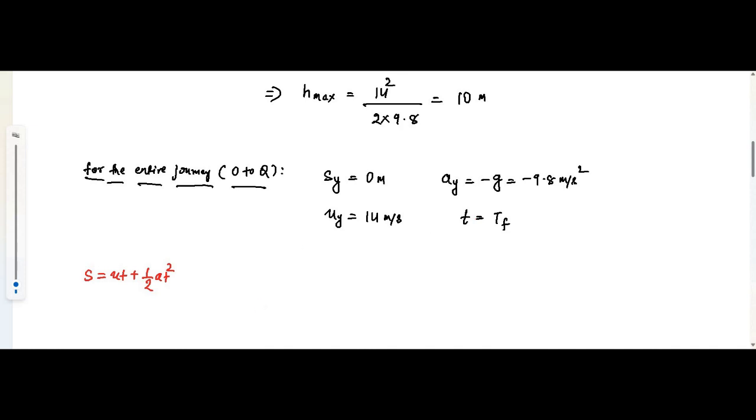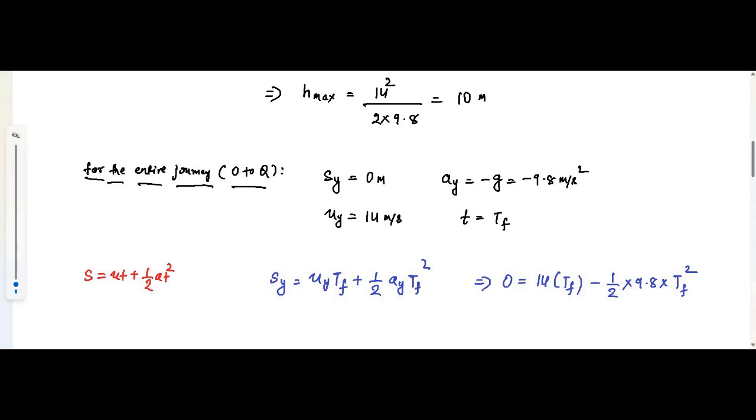That is, Sy is equal to Uy Tf plus 1 half Ay Tf square. So Ay will become minus g, so that implies Sy, which is equal to 0, is equal to Uy, which is 14, into Tf minus 1 half into 9.8 into Tf square.